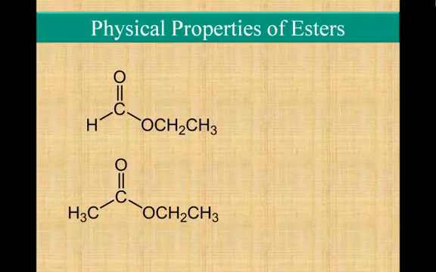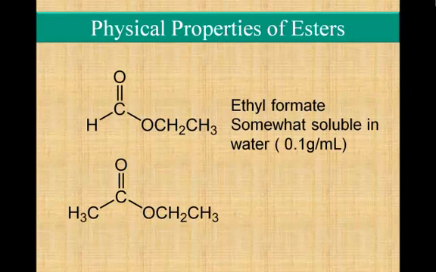Let's have a look at these two esters. My first ester is a derivative of formic acid, the alcohol portion from ethanol or ethyl alcohol, so the name of this is going to be ethyl formate. Ethyl formate is only somewhat soluble in water, and that's a pretty small carboxylic acid derivative.